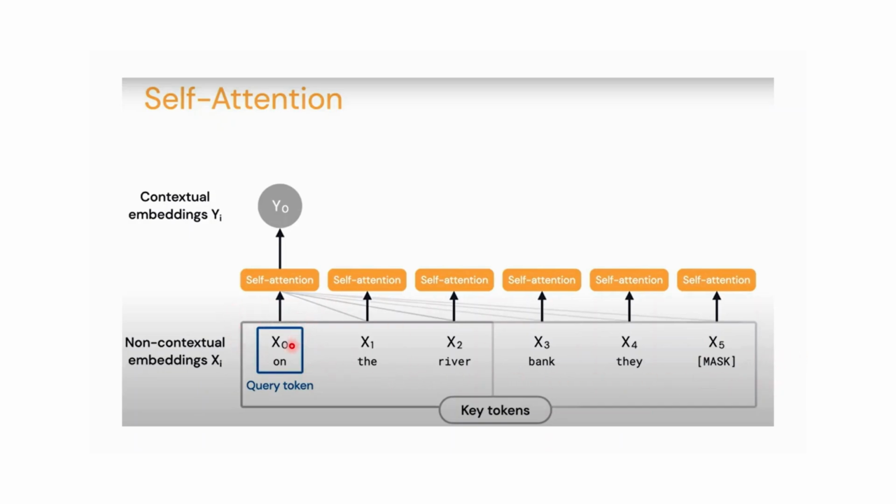When we do the dot product of on with the, river, bank, and they, I'll talk about the mask now. Once we are done with this, we will shift the query token to the, and the rest of the tokens become the key tokens, and this process is repeated until we complete the whole sentence. Now we will understand what this mask is.